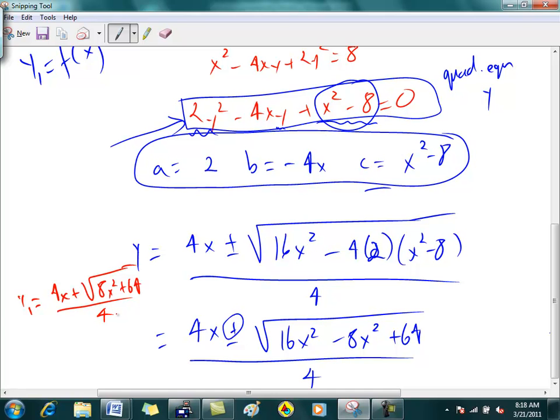You don't need to reduce this stuff, okay, because your graphing calculator is doing all the work for you. And then y2 is going to be 4x minus the square root of 8x squared plus 64, over 4.